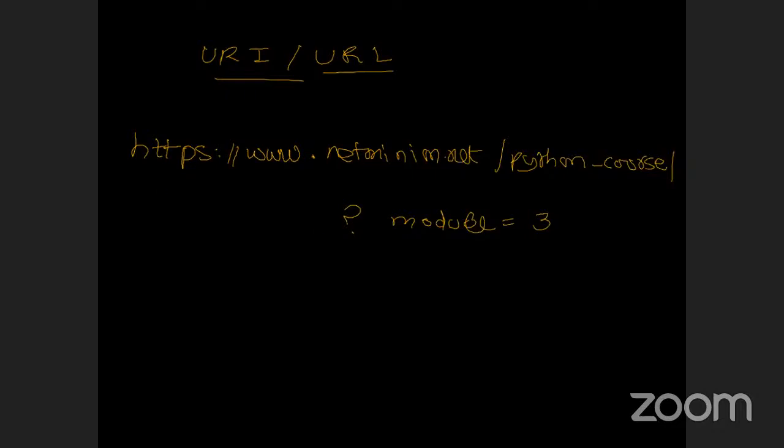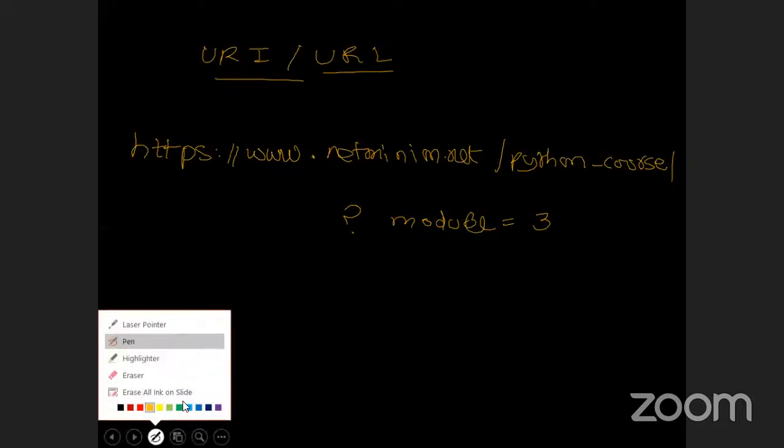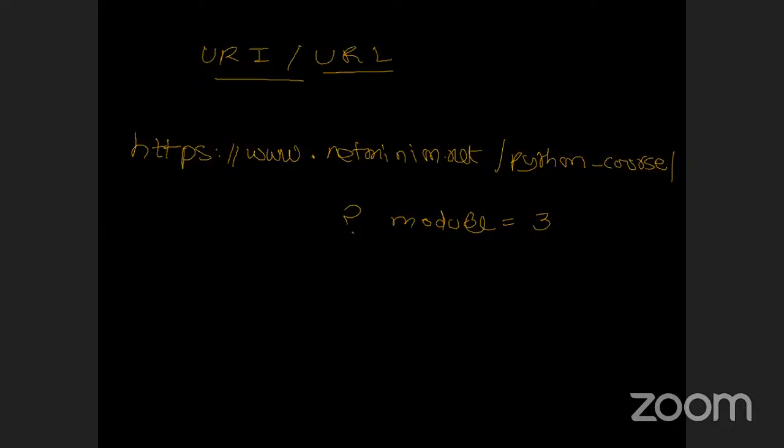First of all, let me use another color of pen ink. This part is known as the protocol identifier. It can be HTTP or HTTPS, based on your SSL profile.